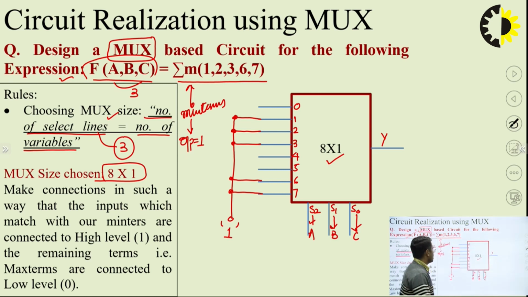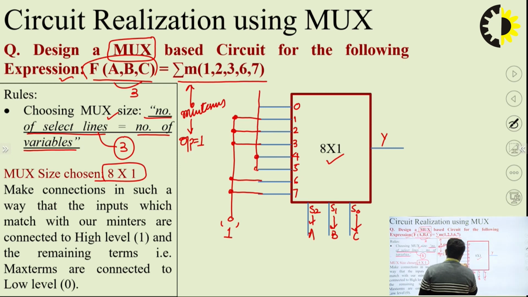The rest of the inputs, which are not mentioned in the question, are not minterms, so definitely the remaining terms will be the maxterms. The maxterms will be 0, 4 and 5. So I will be connecting together 0, 4 and 5.